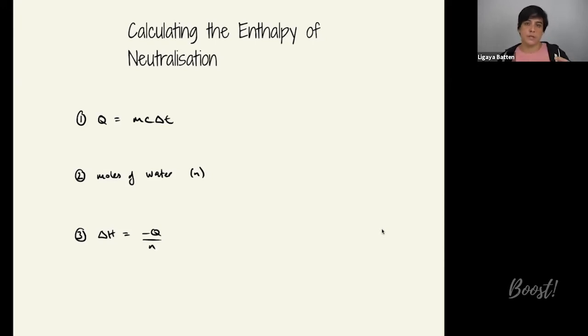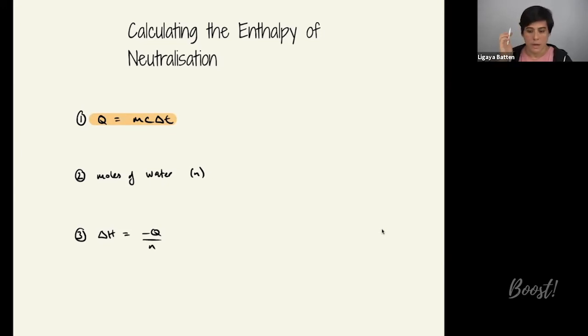But there are 2 main equations that you need to calculate your enthalpy of neutralisation from your experiment. The first one is Q equals MC delta T. The thing to be careful of here is what the M, C and delta T are referring to in your equation.